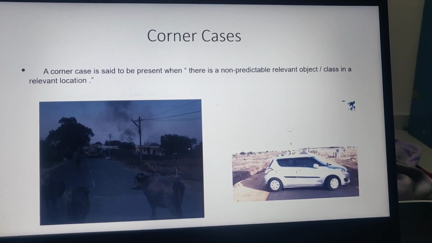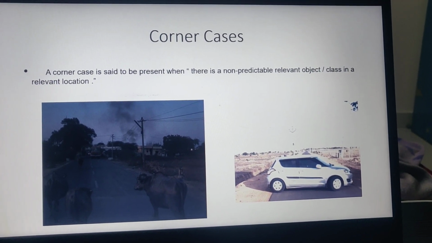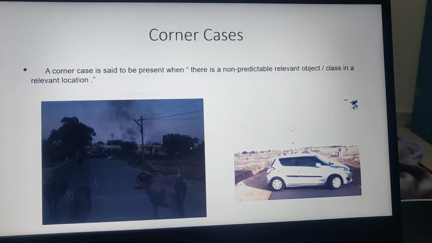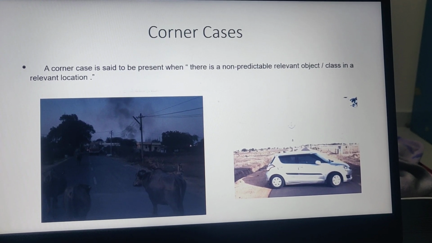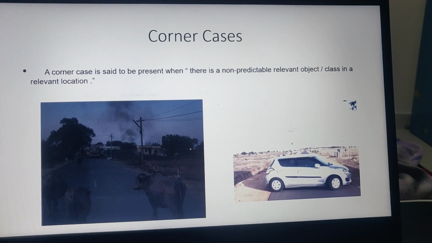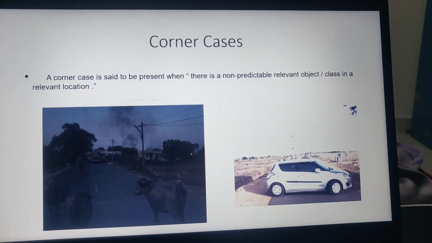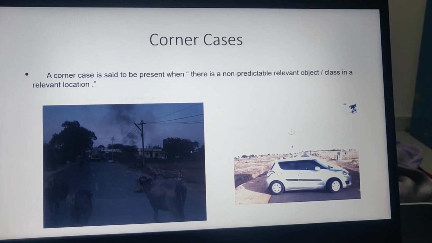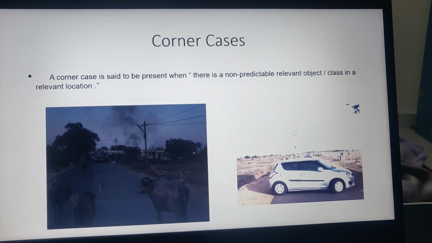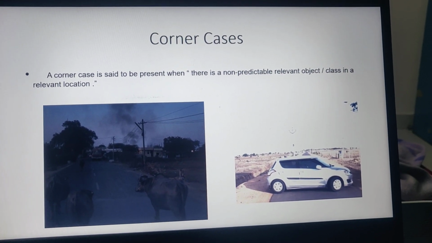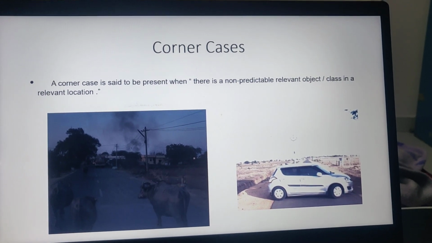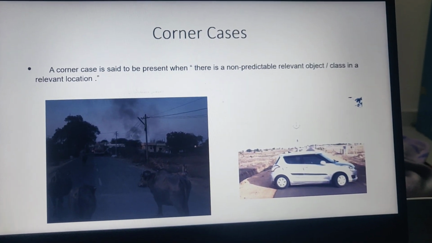Presently, there are 2 existing datasets. One is CODA, which is the only real world corner cases dataset, consisting of around 40 classes. There is another real world dataset called BDD, which consists of classes, but it has only 2 classes. So CODA is the only one that we are competing with.